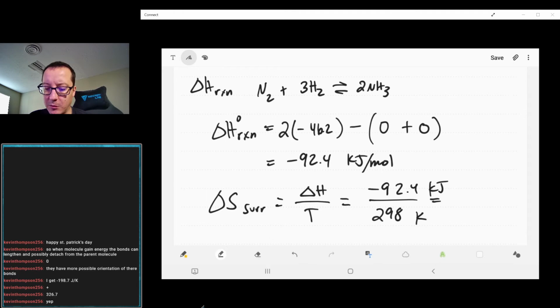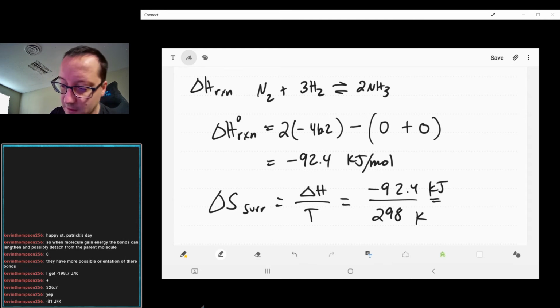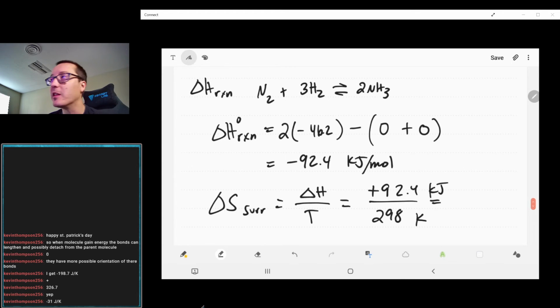No, actually, we typically will use the positive value because... or will we use the negative one? Oh, no. This should be positive because the surroundings are going to be absorbing the heat. The reaction is giving off the heat, so it should be the opposite one. Yeah, so are you sure?